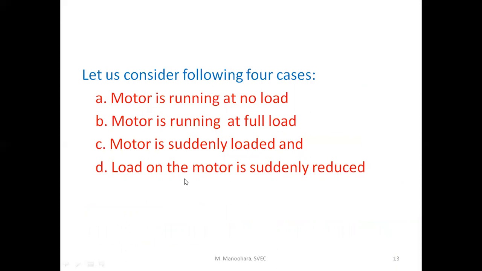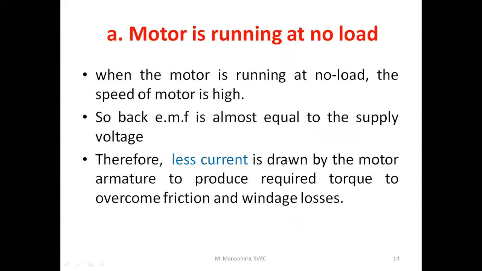Let us consider 4 cases. First case, motor is running at no load. Second case, motor is running at full load. Third case, motor is suddenly loaded. And finally, load on the motor is suddenly reduced. Coming to the first case, if the motor is running at no load, the speed of the motor is high because there is no mechanical load.